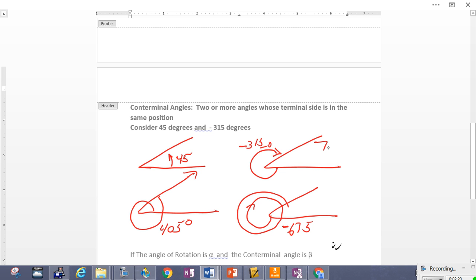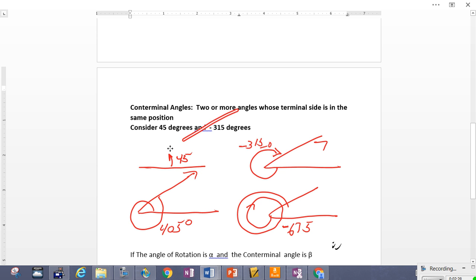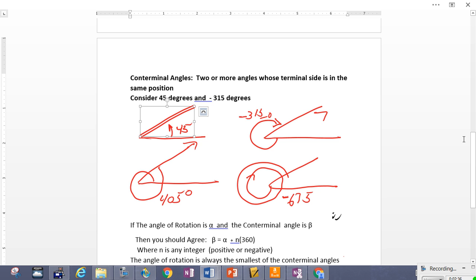What we visualize here is that the terminal side is in the same position as it was over here. When the terminal sides of any two angles line up with each other, we call them coterminal angles. So 315 negative and 45 are coterminal, but there are other coterminals to them as well.